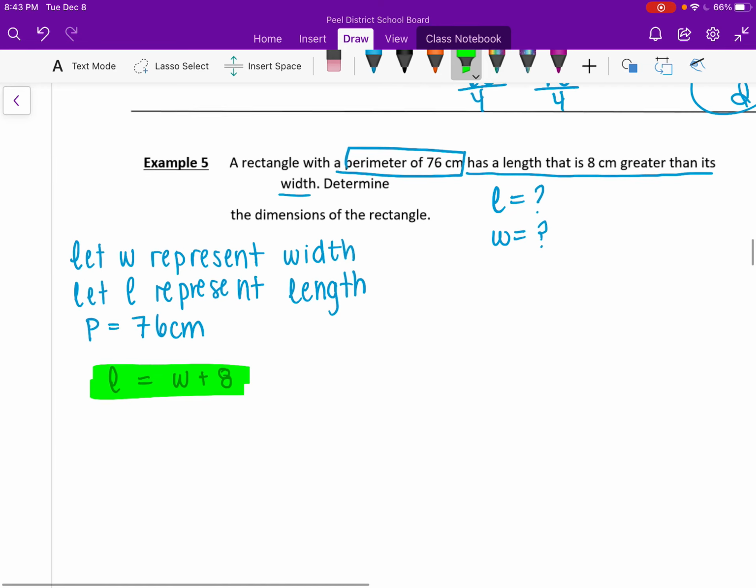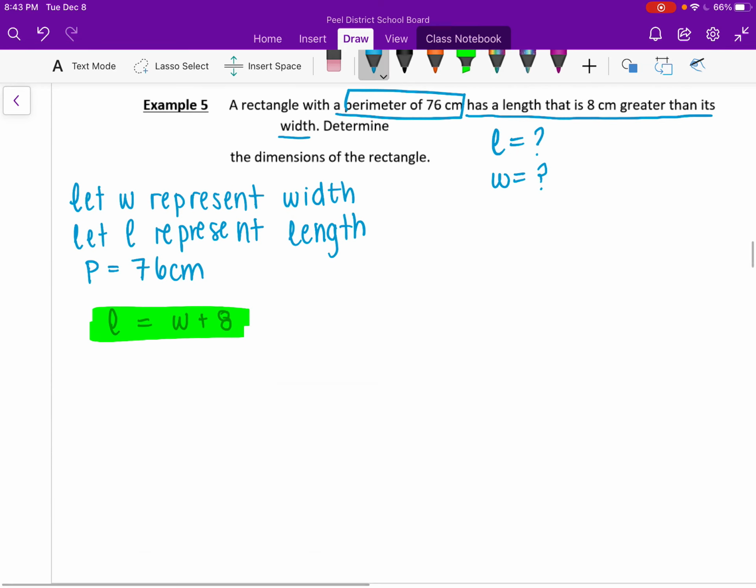So I know my perimeter equation for a rectangle is 2L plus 2W, right? And now I have an L that I can sub in. So I'm going to say P is equal to 76, which is equal to 2(W plus 8).